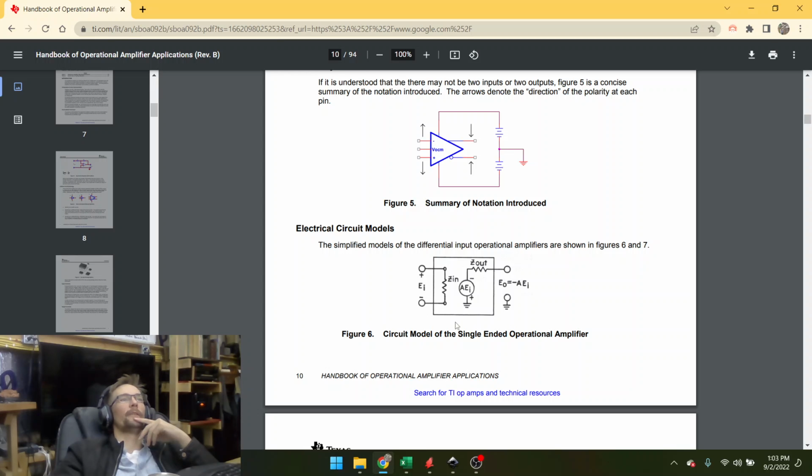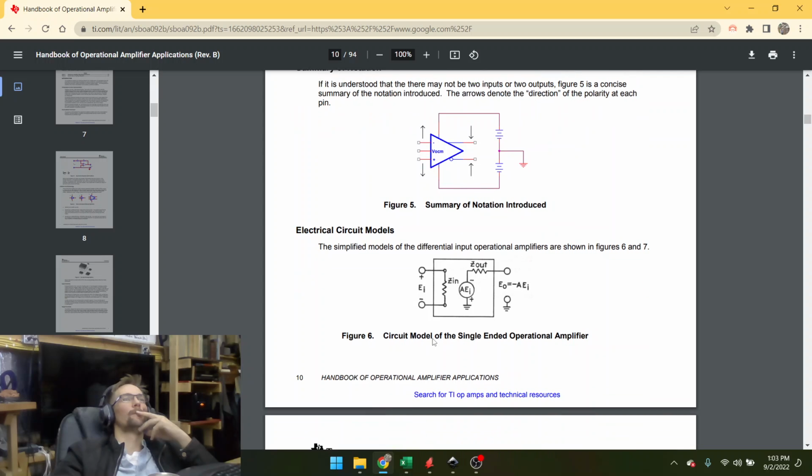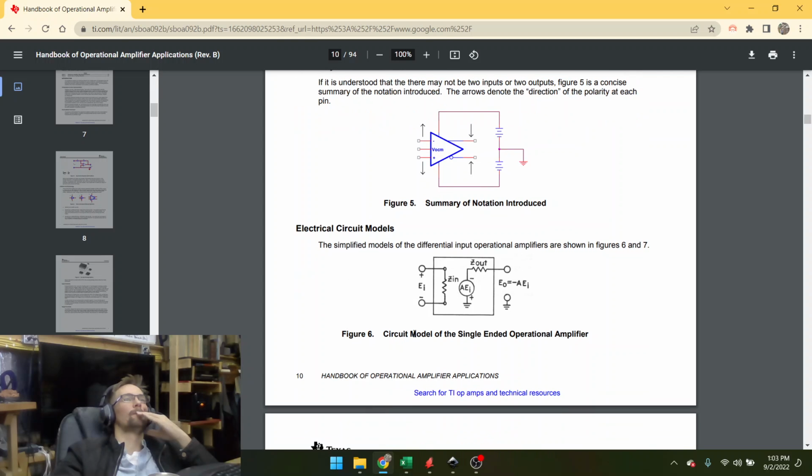Wonder if Mr. Brown drew this. Wonder who drew that. This was hand drawn. So you have E_I, the input voltage, a Z_IN resistor, which is very, very high, like hundreds of megs to gigs.